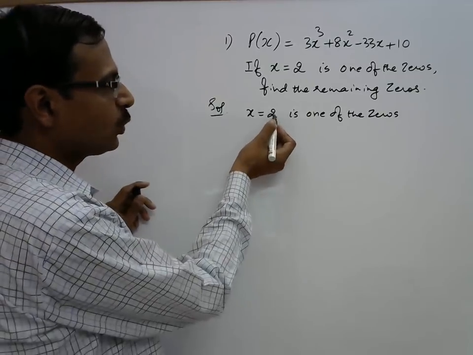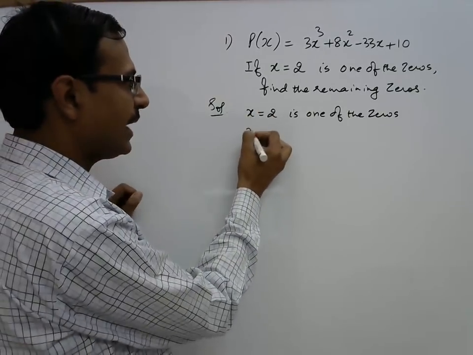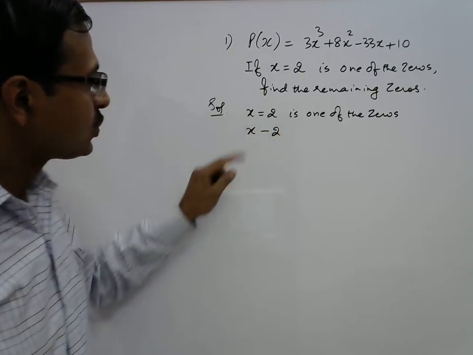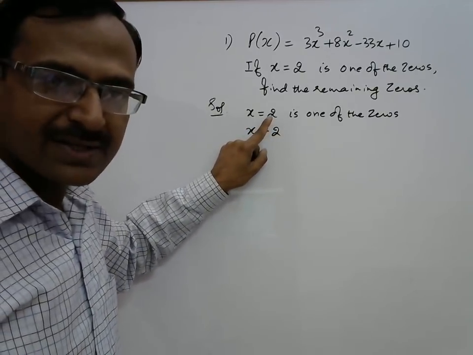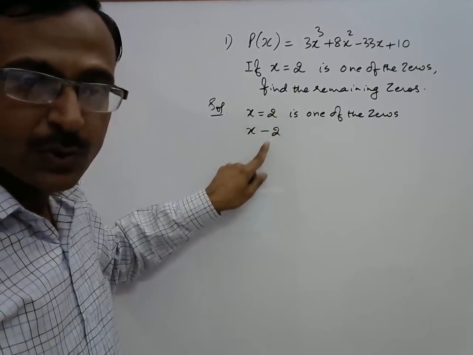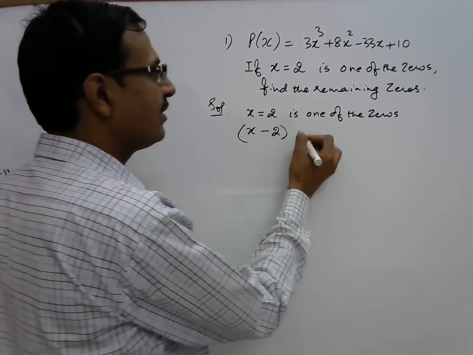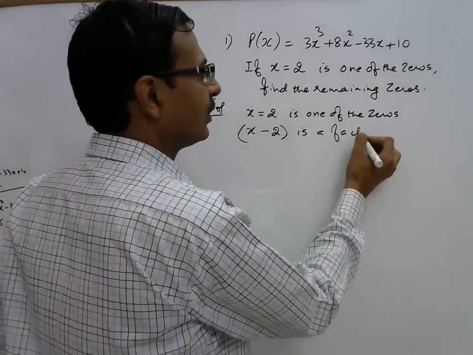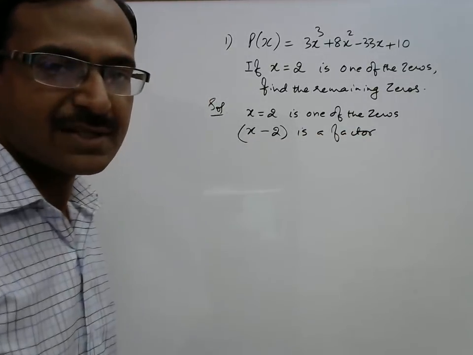So just bring 2 to this side. This will become x minus 2. So if you have 0 on the RHS, x minus 2 equal to 0. So x minus 2 is a factor. This is the first step.